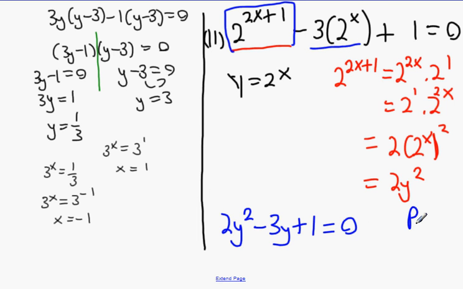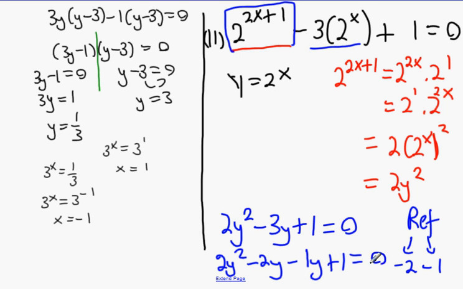We're going to reference number this, and what happens when we reference number it? Minus 1, minus 2. Minus 2 minus 1, or minus 1 minus 2. Fair enough. 2y squared minus 2y minus 1y plus 1 equals 0.